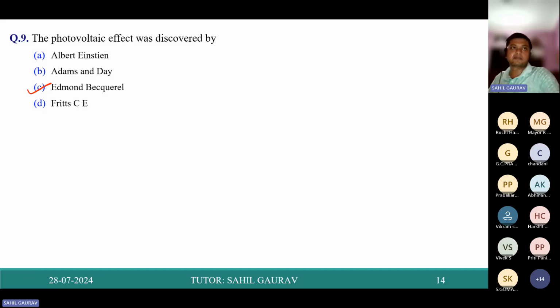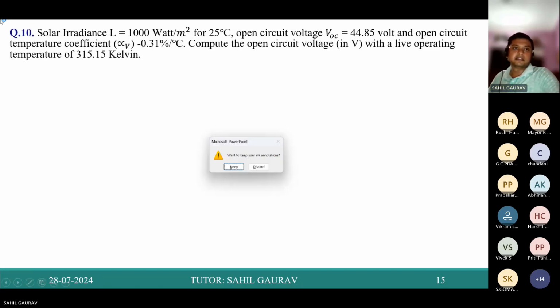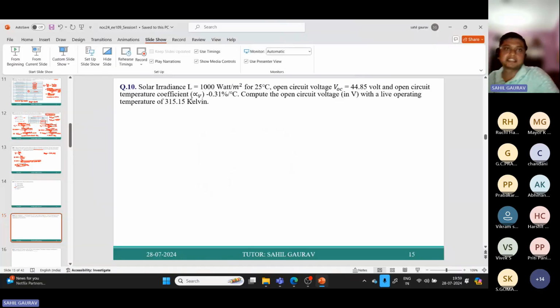Now coming to the next problem. The solar irradiance is 1000 watt per meter square at 25 degrees Celsius. Open circuit voltage is 44.85 volt and the open circuit temperature coefficient is minus 0.31 percent per degree Celsius.